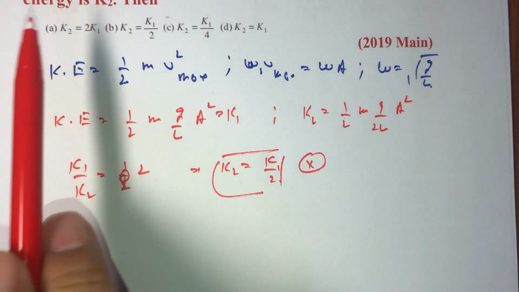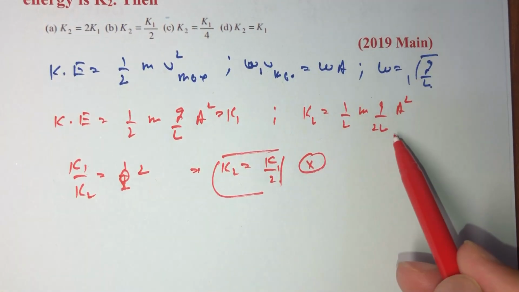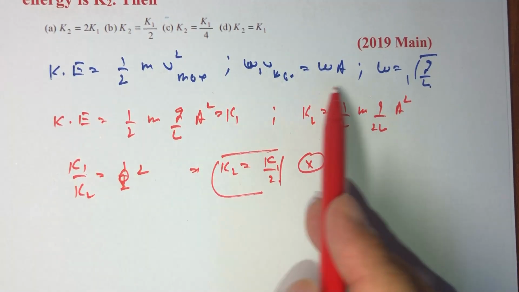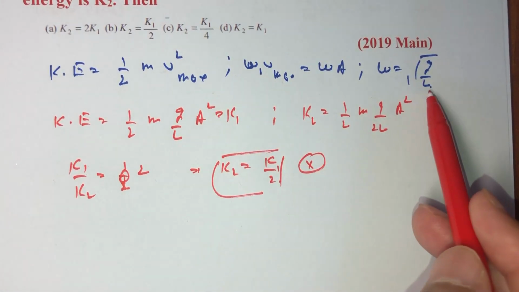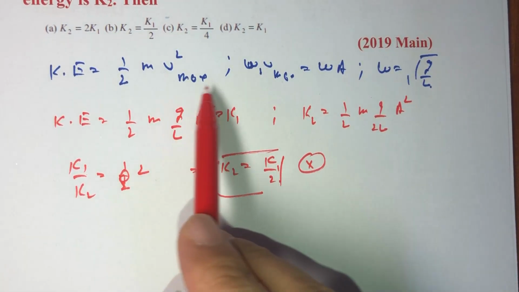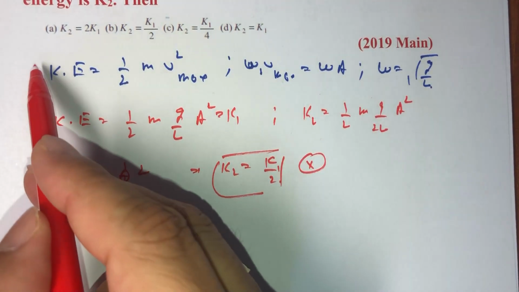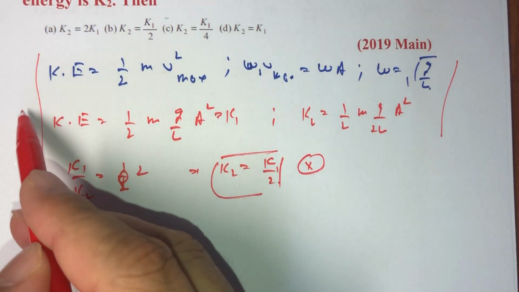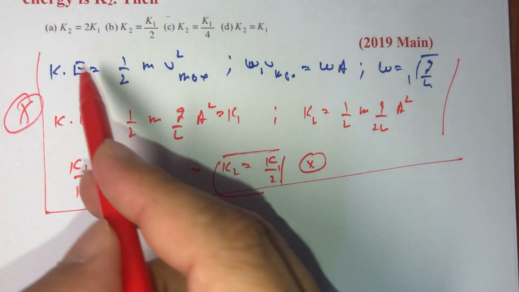Whereas in this case it states that the length is doubled. No doubt we are doubling the length, but the basic formula we are using is derived on the basis of conservation of energy, and that results in all this relationship. So this is not the correct way to solve this particular question.